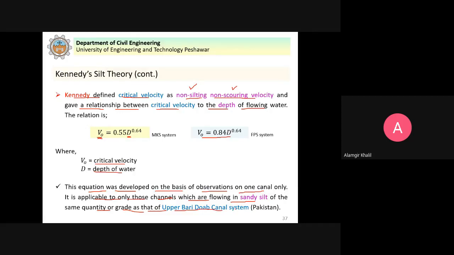So if at any other place where we want to construct a canal the silt quantity and grade are the same as the Upper Bari Doab Canal, only then can we directly use these equations.